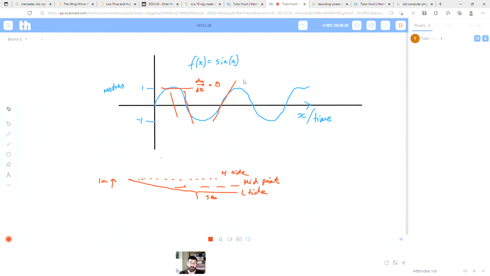And as we've talked about with a grandfather clock or with the tides, the speed is going to be highest right in the middle of the oscillation and lowest, 0 in fact, right at the far ends of the oscillation, because it's just slowed down to stop to start going the other way, and for that split second it's 0. And the split seconds that the gradient dy/dx is 0 are the moments that we've come to the end.